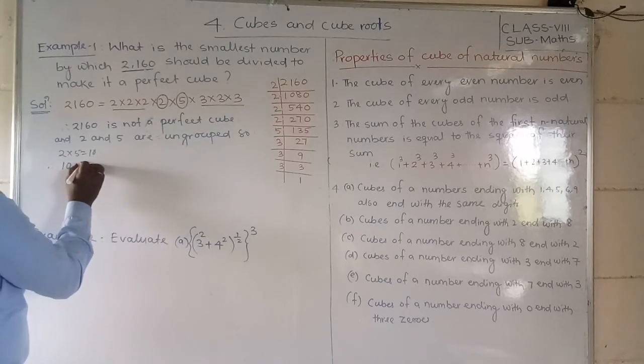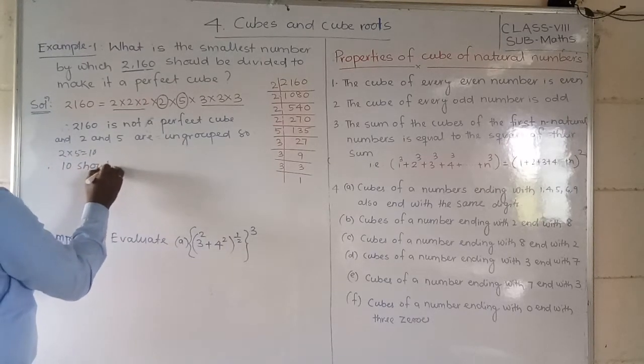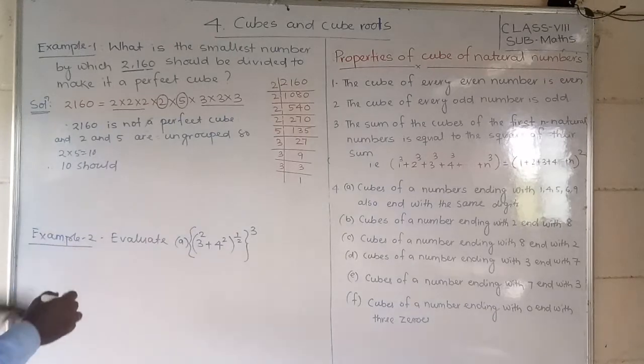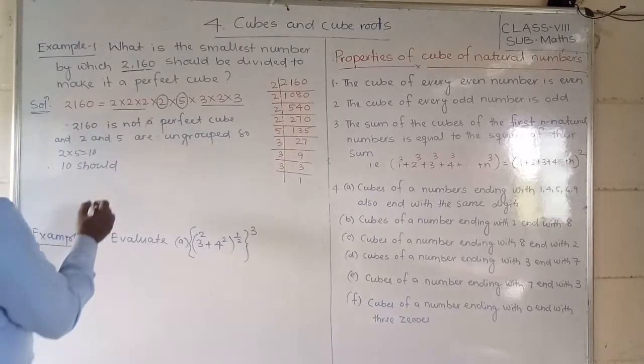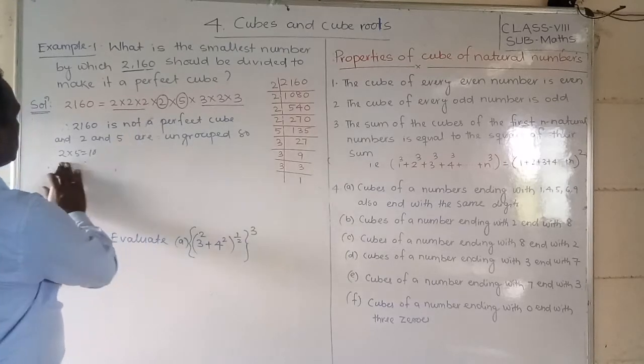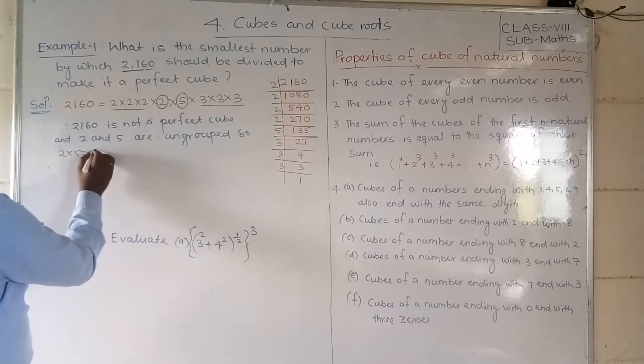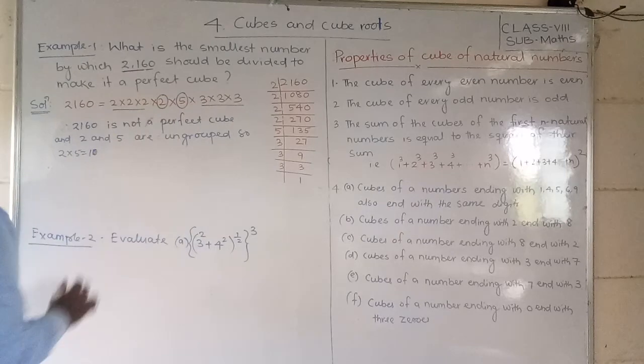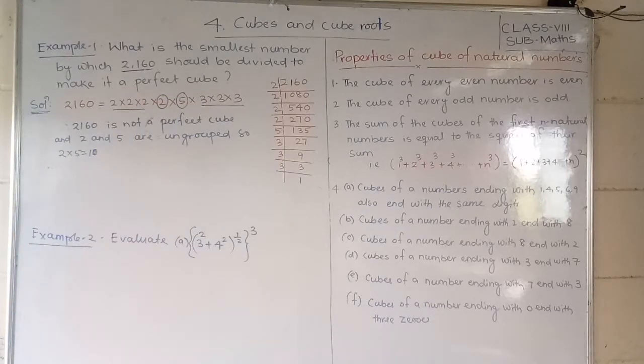Therefore we can write, friends, that we got 10. This is the smallest number.